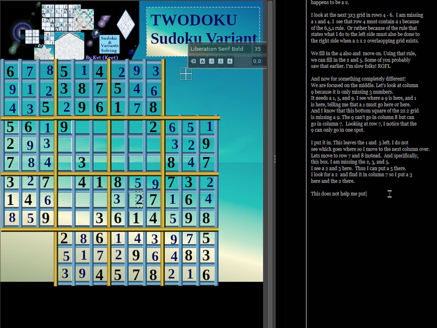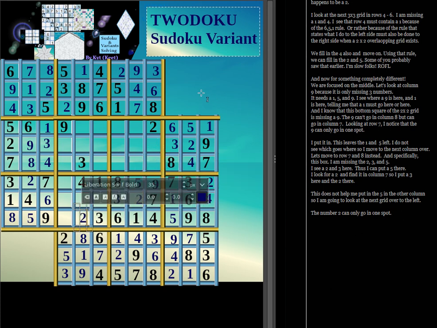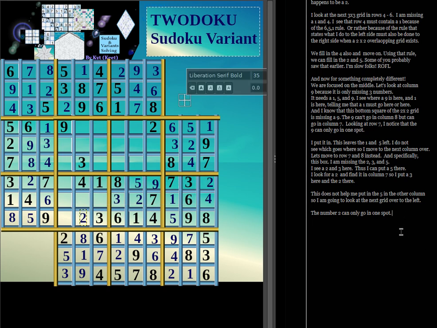This does not help me put in the 5 in the other column, so I am going to look at the next grid over to the left. The number 2 can only go in one spot. The 5 can go in two spots.